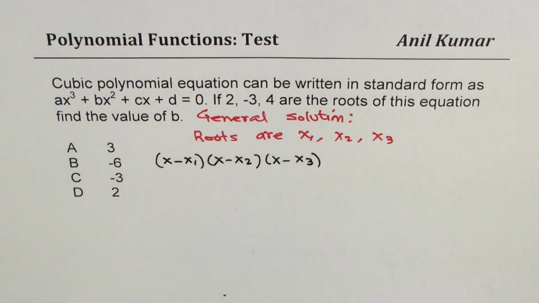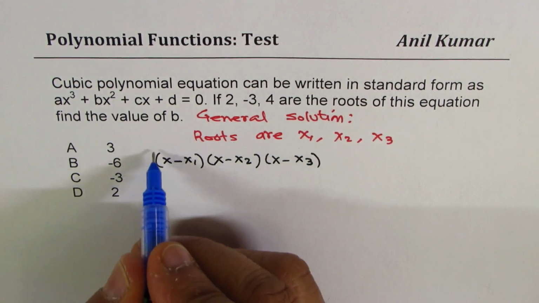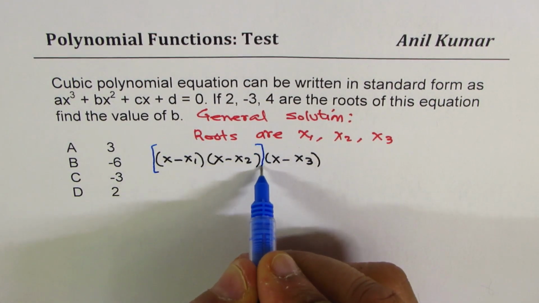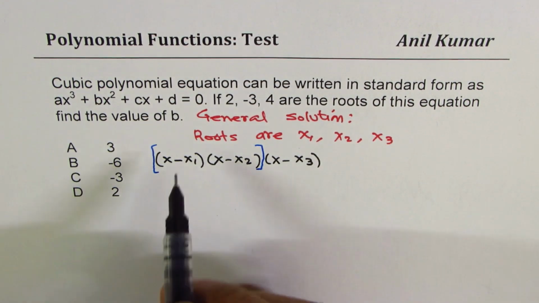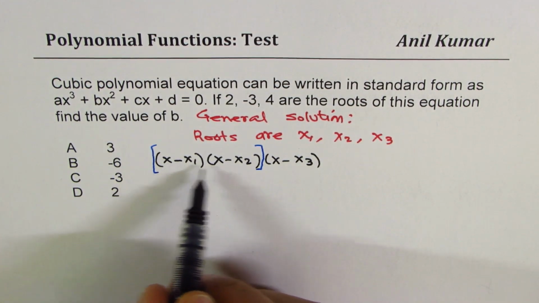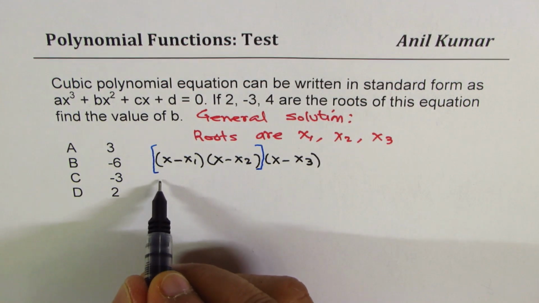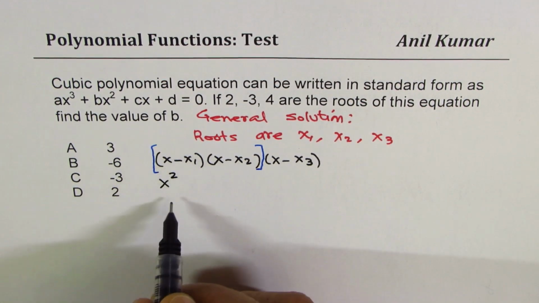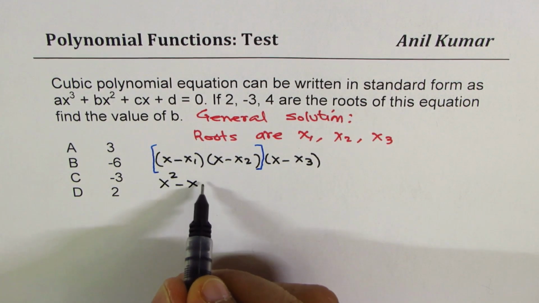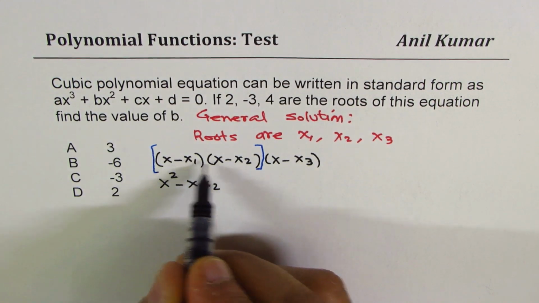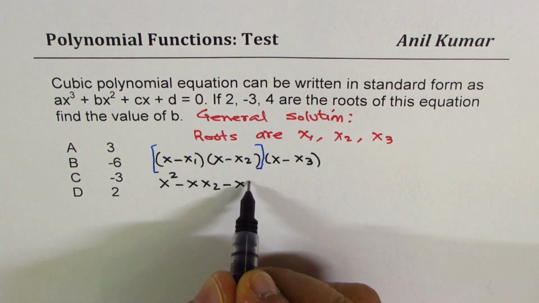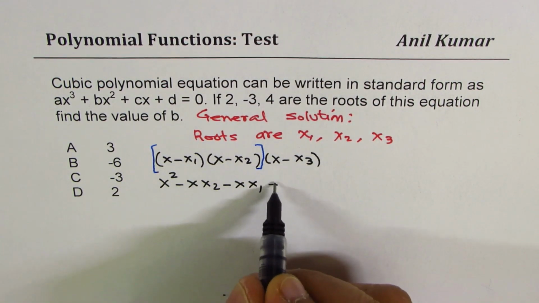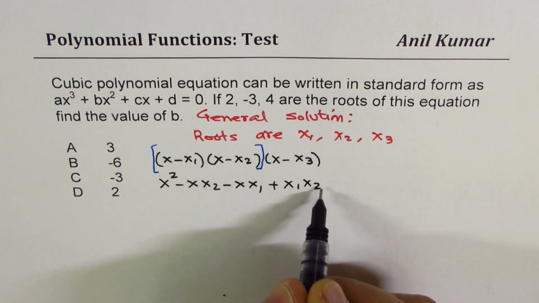To expand, I will apply the distributive property on the first 2 factors. So x times x gives us x squared, then we get minus x x2, then minus x x1, and plus x1 x2.